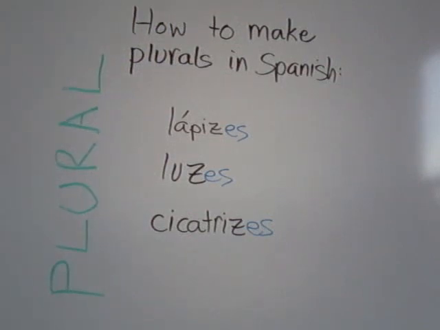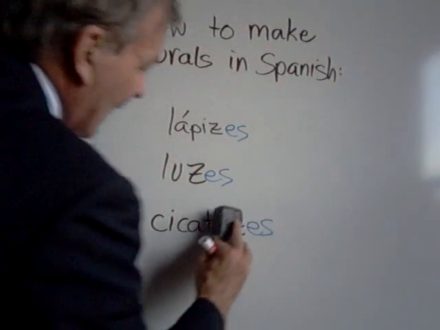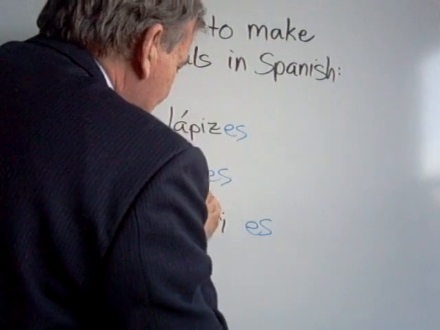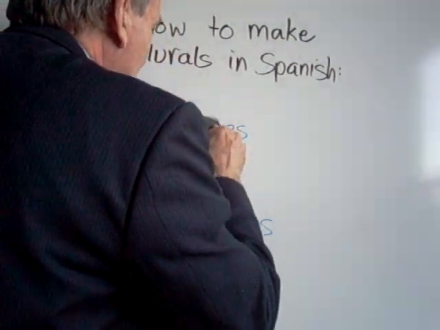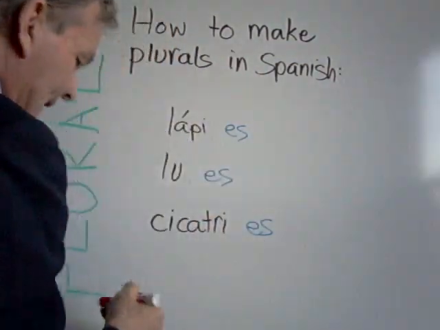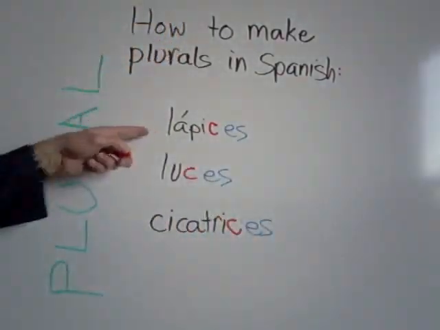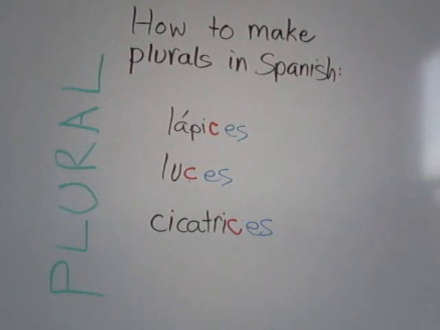And you're right. Except for some reason in Spanish, they don't like to have a Z in a plural word like this next to the ES. So what they do is they take out the Z and replace it with a C. So we have lápices, a lot of pencils, luces, which are lights, and cicatrices are the scars all over your body.